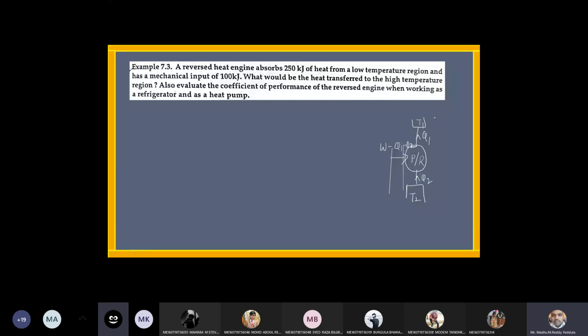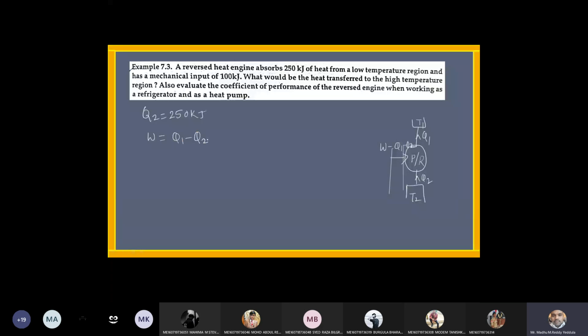It absorbs 250 kilojoules of heat. Is that value Q1 or Q2? I want an answer from you. Q2, very good. It is absorbing, very good. Q2 is given, Q2 is equal to 250 kilojoules, in the low temperature region, and it has a mechanical input, that is W input, because it is a reversed engine.